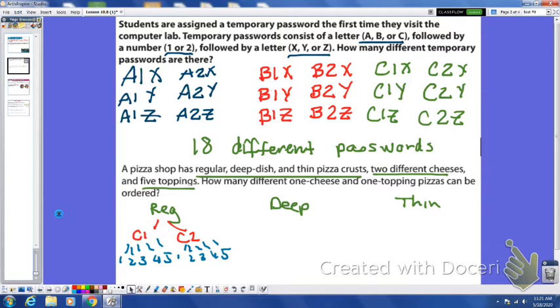Okay, now we're going to do the same thing with our deep dish. We can have cheese 1, or we can choose cheese 2. And then again, once you pick your cheese, you have a choice of 5 toppings. So again, just numbering them 1 through 5.